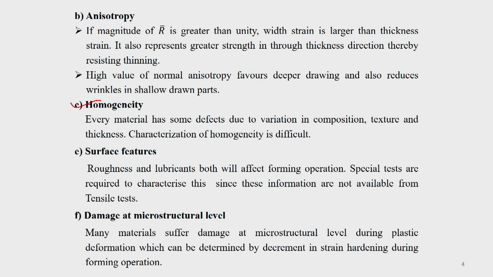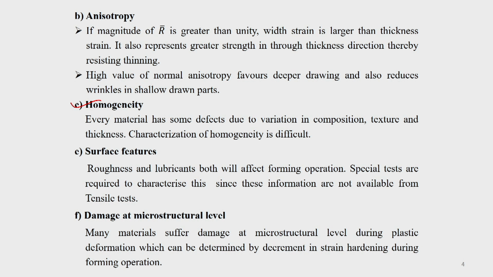Now, the surface features, how good is your surface? The roughness, and for that purpose many times for metal deformation you may use lubricants also. Okay. So, this roughness and the lubricants both will affect the forming operation, and maybe you may have to conduct some special test to characterize these lubricants and roughness and their effect on the forming behavior.